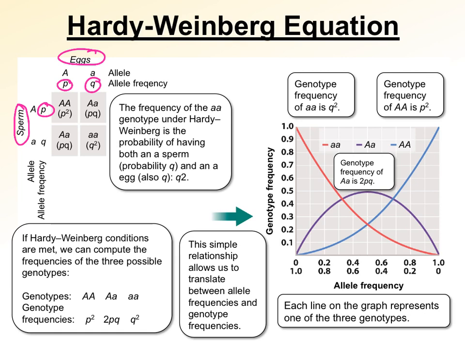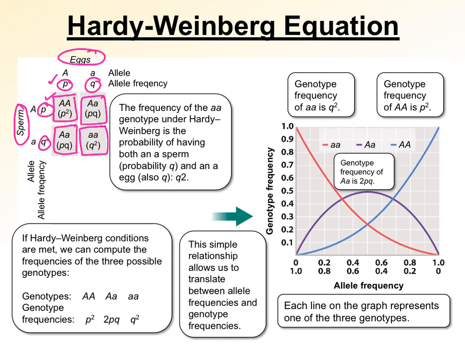There's a certain frequency that has P, a certain frequency here with Q. And so now you can see that if we have big A, we're multiplying P times P, which gives us P squared. Here you can see if you're little a, again, you're Q squared. And then there's two different ways we could get big A, which is why we have 2 times PQ.